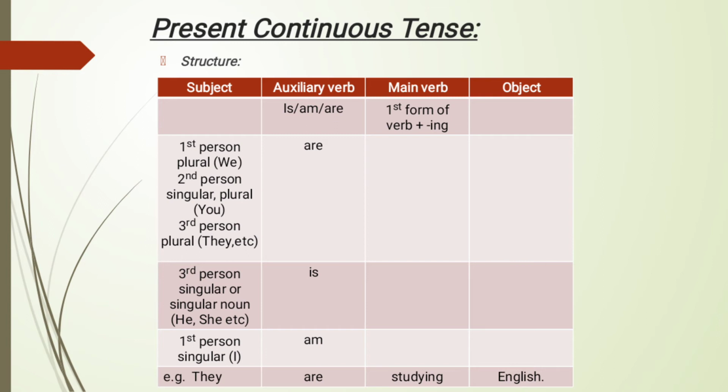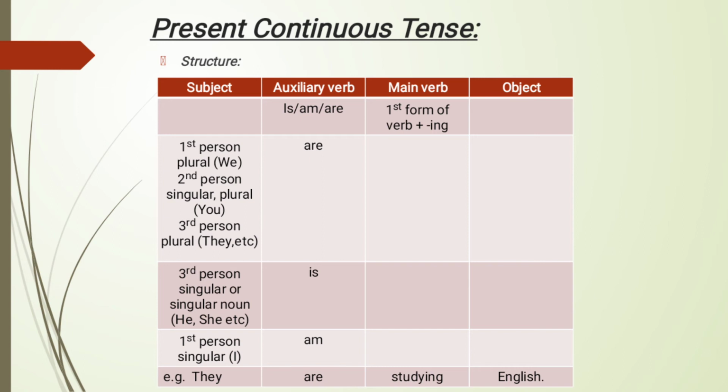One thing keep in your mind: if the subject is first person plural, that is we, or second person singular or plural, that is you, or third person plural, that is they, then you will use the auxiliary verb are, as you are looking in this slide. If it is third person singular or a singular noun, then you will use the auxiliary verb is.